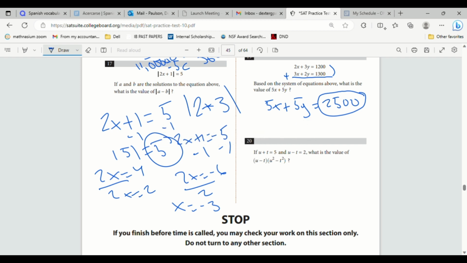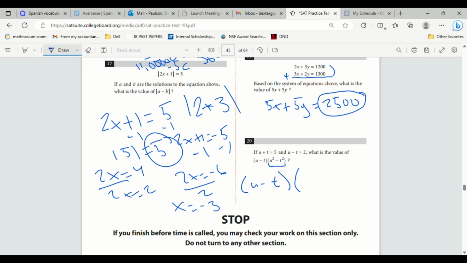Number 20, if u plus t equals 5 and u minus t equals 2, what is the value of u minus t times u squared minus t squared? So, a very common test question on the SAT is the difference of squares. For example, this second binomial, whenever it's something squared minus something else squared, you do the square root plus and minus the other square root.